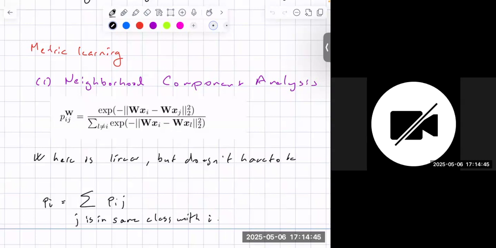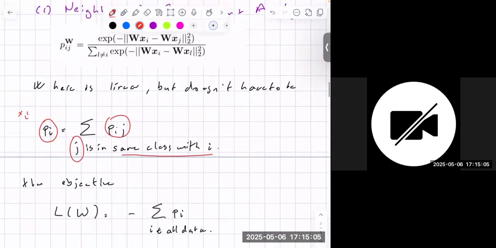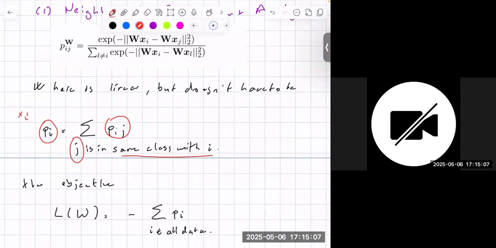Okay, so you put these weights, which say how close your data are to each other. And then for every single data point xi, you create something called pi. You go through the weights for the data points j that are in the same class as your i with respect to your label. Then you sum up all these, and you're trying to maximize the sum or minimize minus the sum. That's your loss function.